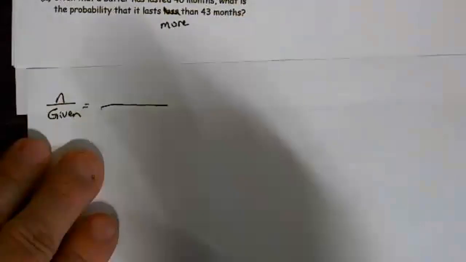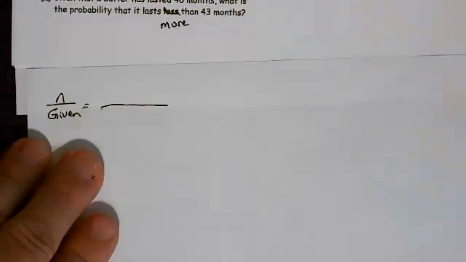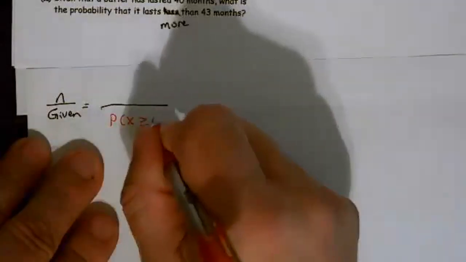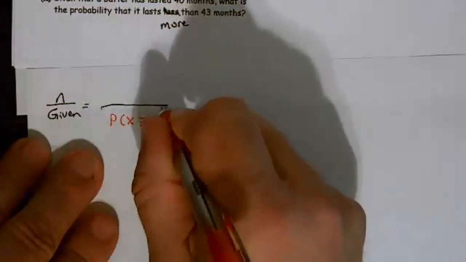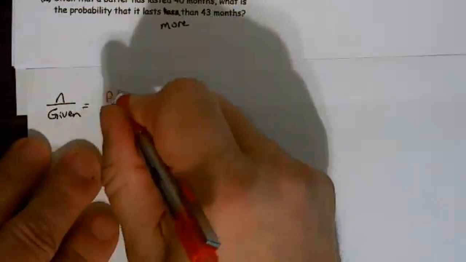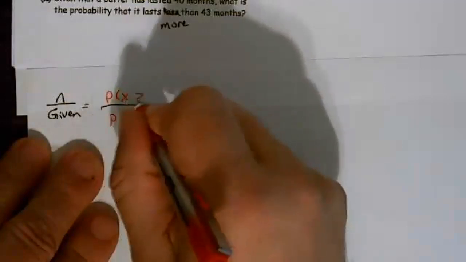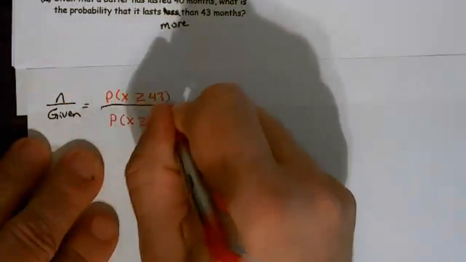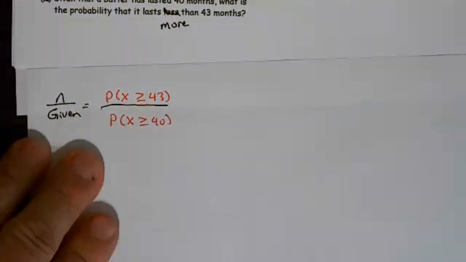So what are we looking at? Well, the denominator, given that it's lasted 40 months. All right, so probability that X is greater than or equal to 40. And what's the probability to last more than 43? So probability that X is greater than or equal to 43, right?